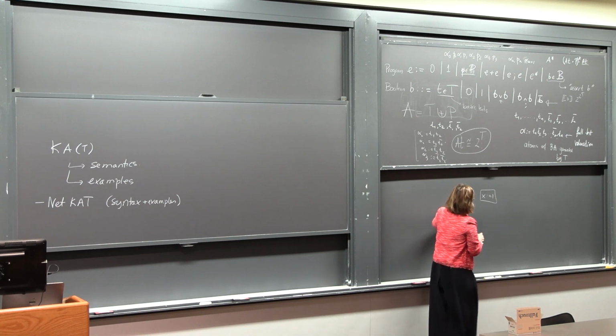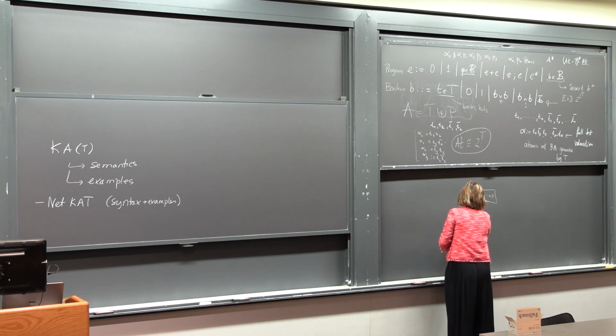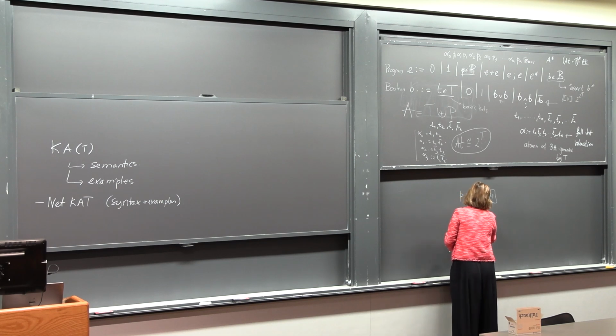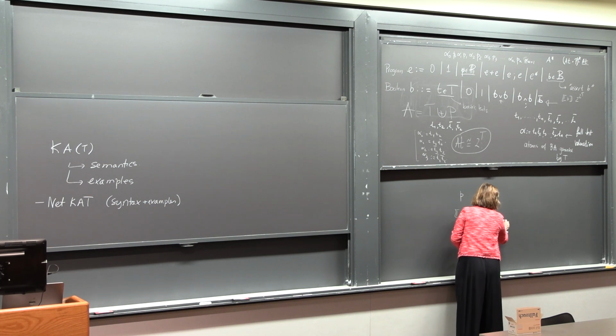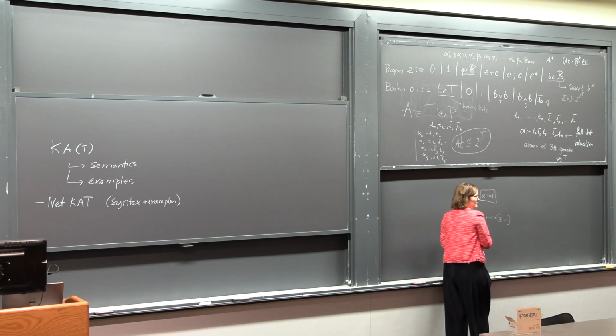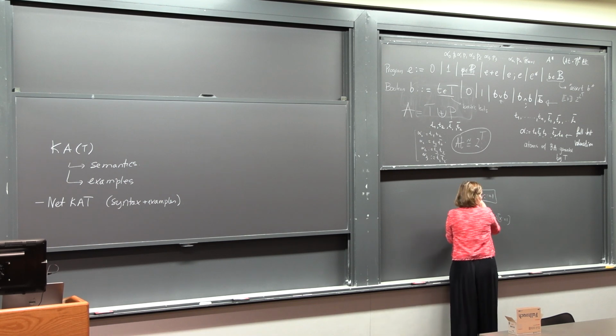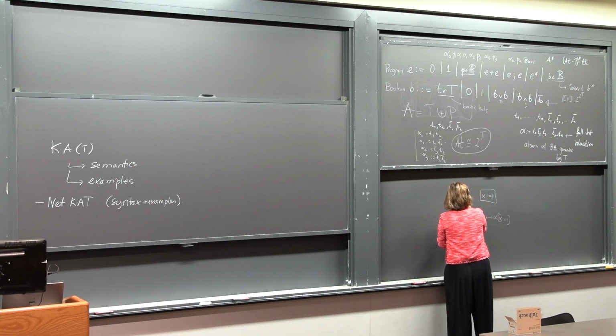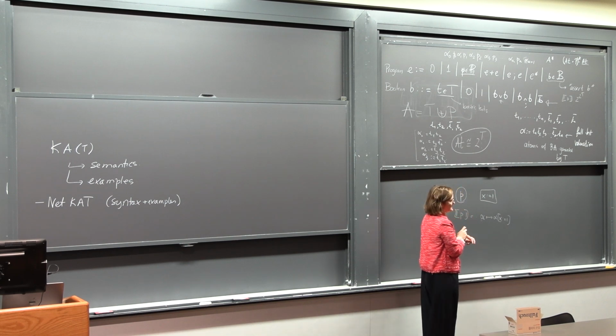Then the semantics of this P is going to tell me that if I have an alpha, then the next alpha has to be such that X is now 2. But I don't actually tell you which X it is touching. I just tell you how P changes the state. Okay.